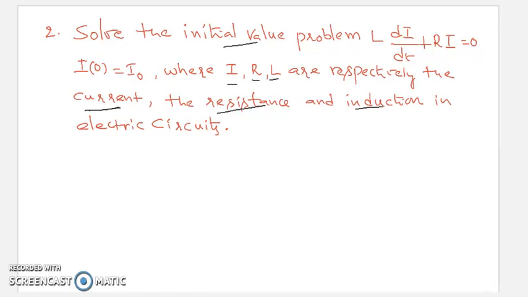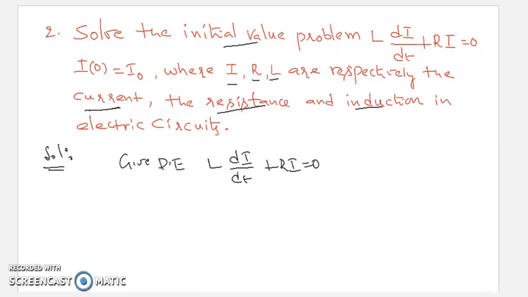Okay, here we see how we are going to solve this problem. Solution. Here in this problem the given differential equation is L di by dt plus Ri is equal to 0. Now this method is the variable separable method.